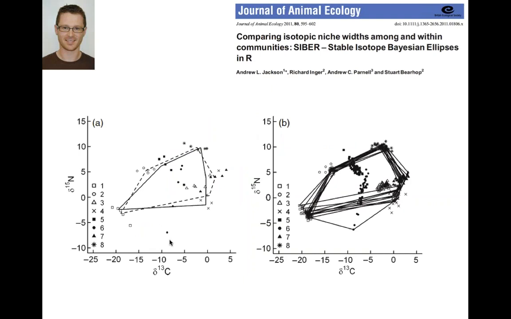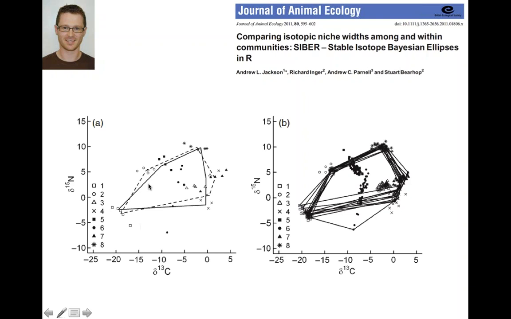So the other neat thing that the SIBER guys did was, Andrew and a couple of the guys he works with are Bayesian modelers. So they built a Bayesian framework to estimate the Layman metrics.